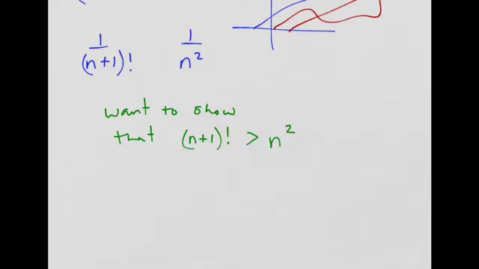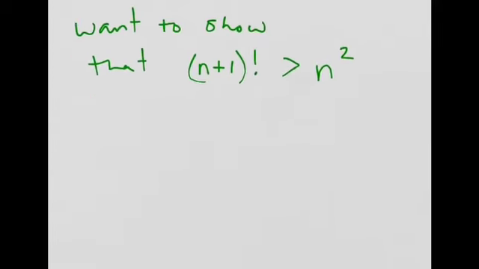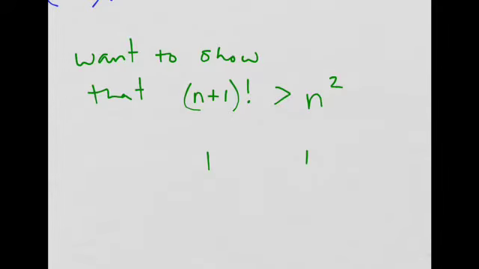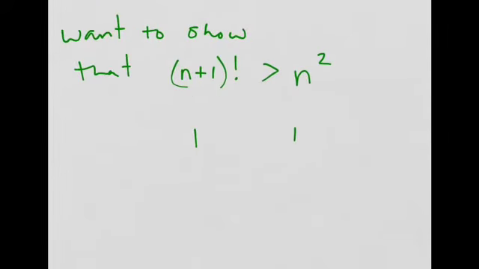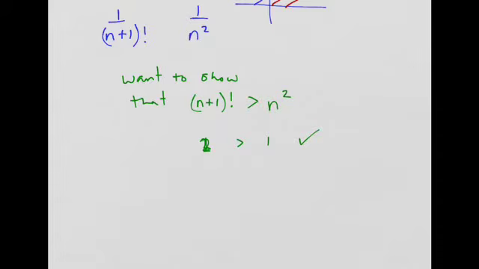I could just plug stuff in. The first thing that I'm going to plug in is 1, right? If I plug in 1, I get 2 here. It's already bigger, right? So that one works. Remember, it needs to eventually be bigger than this one.